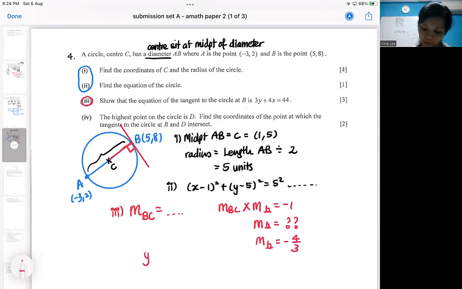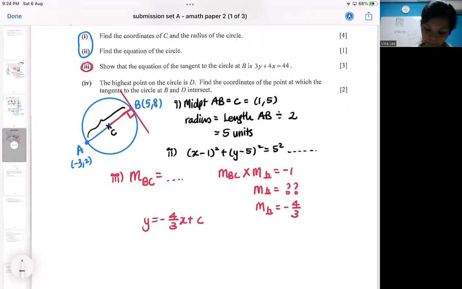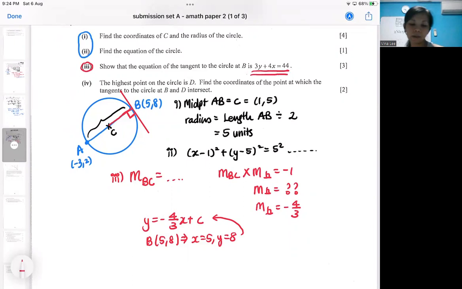Then using this gradient and the coordinate of B, you find C. If nothing goes wrong, you will get this part. That's also pretty easy.